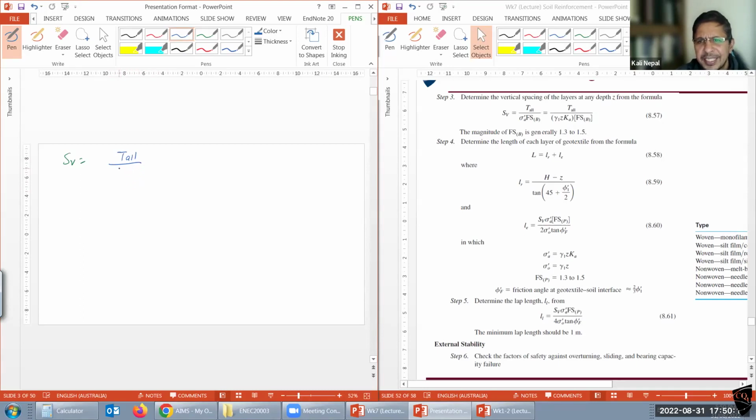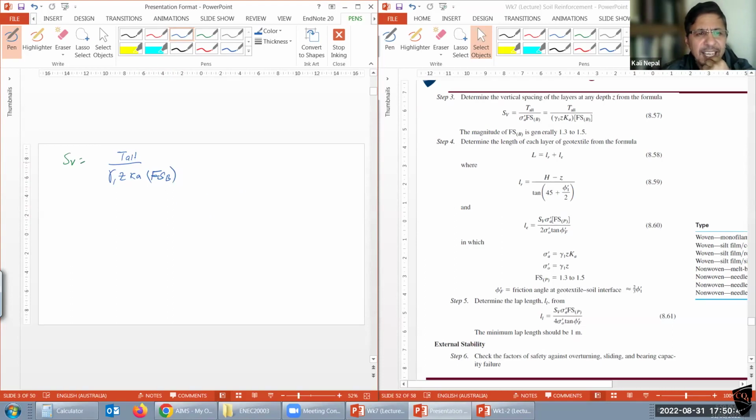Gamma 1 Z K_A, and then factor of safety for breaking. Geotextile breaking here, all right? Not the tie. Oh, sorry, guys, yeah.